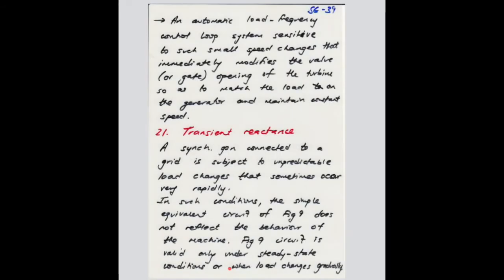So in case there is, for example, an increase in the load, right? So what happens is you will find that the generator will have to basically match that increase in load. And for it to happen, firstly, the frequency of the system will drop.